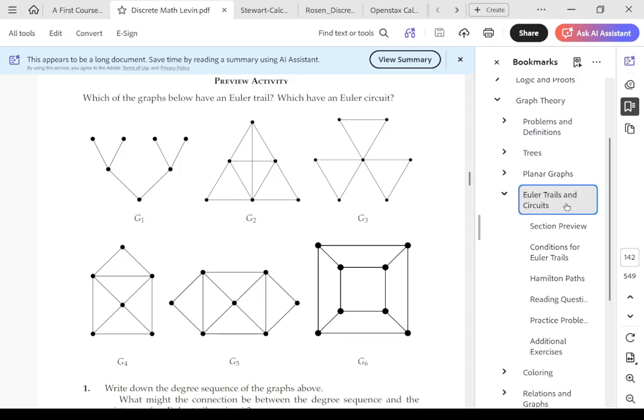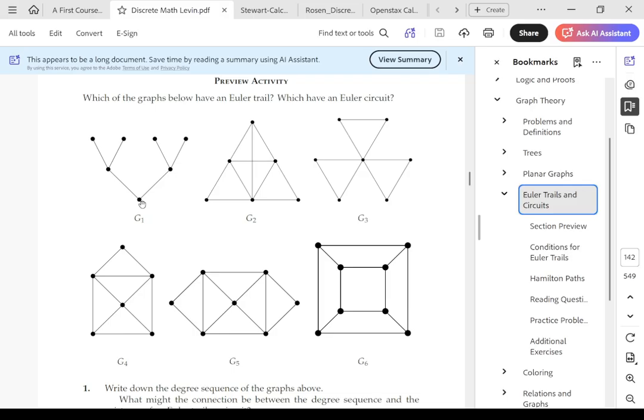Let's take a look at the graphs here and determine, do I have an Euler trail or circuit? Now looking at the graph G1, we'll start here. I see we have 4 vertices that are odd degree, those top 4 right up there. They're all odd degree, so no trail or circuit exists. So G1, neither.